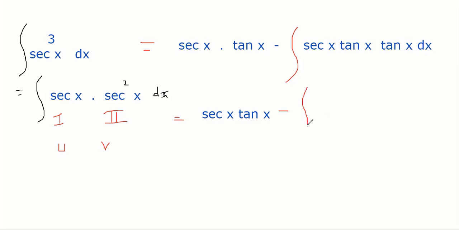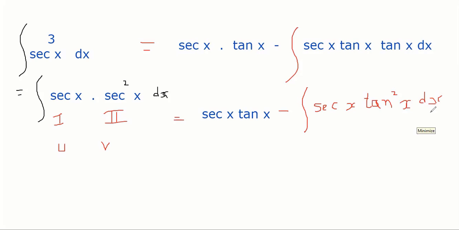Minus integration of secant x tan square x. Any idea how you will do it? Because I explained it to you in the starting today. This kind of thing, how will you do it? Secant x tan square x.